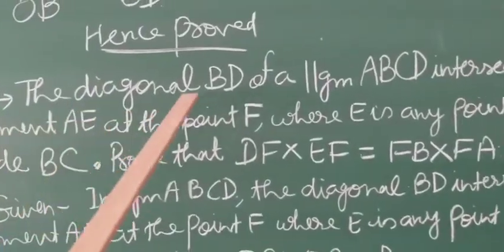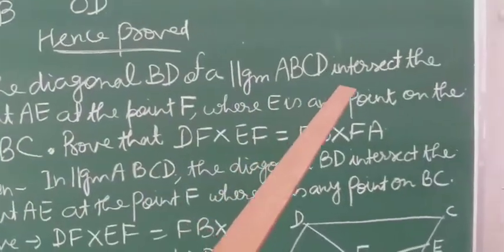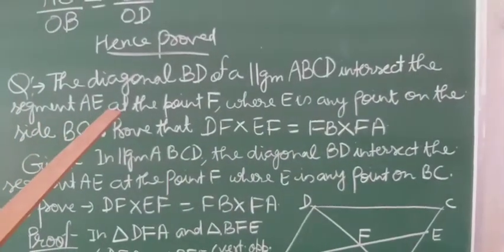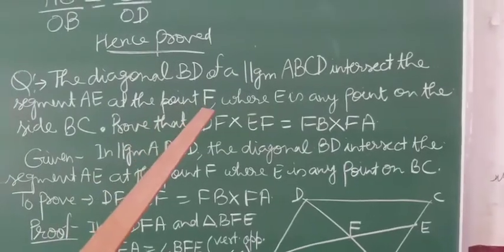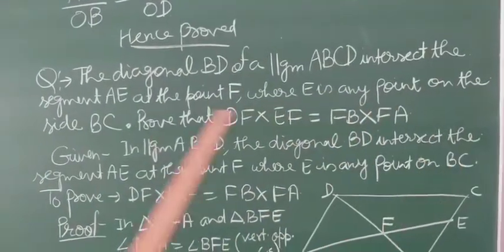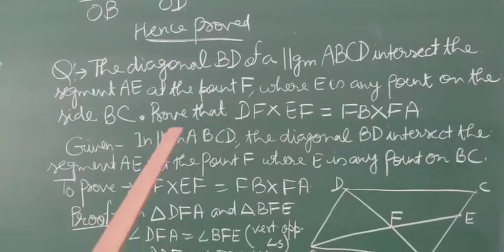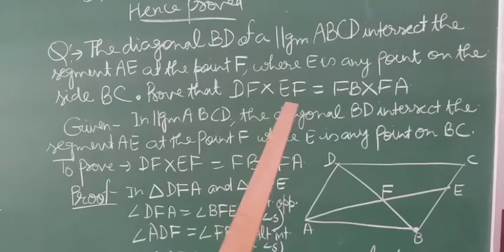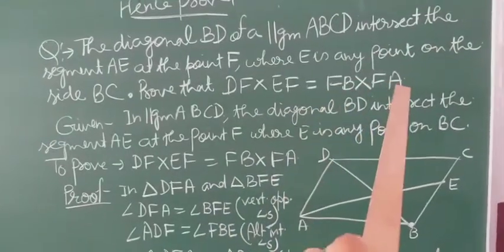The diagonal BD of a parallelogram ABCD intersects the segment AE at point F, where E is any point on the side BC. Prove that DF into EF equals FB into FA.